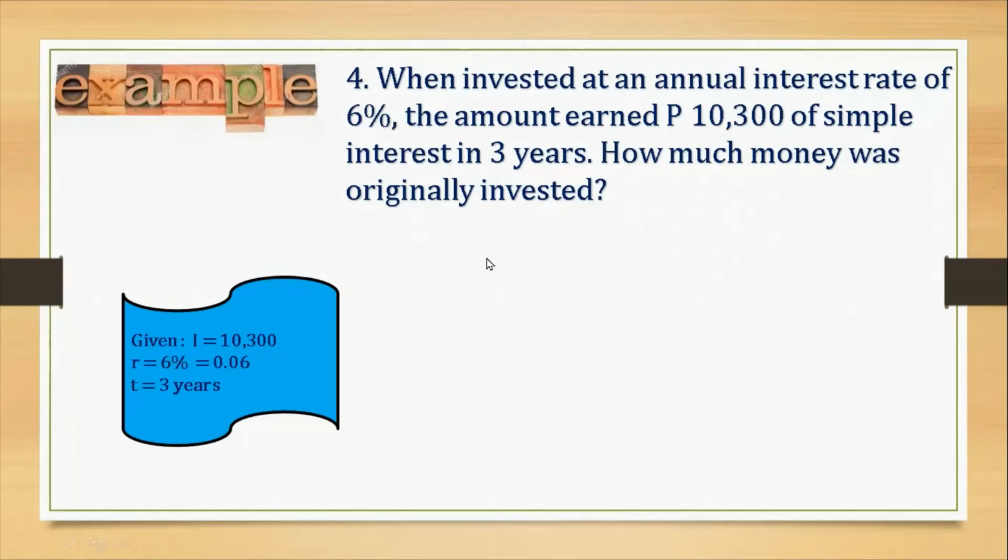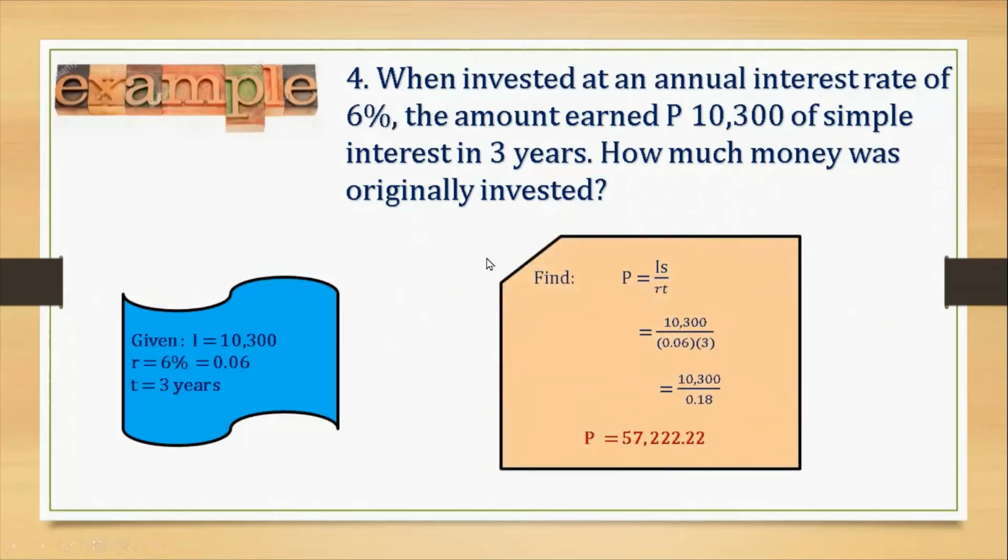Therefore, we initiate the formula, which is P is equal to I over RT. So we have interest 10,300 over 0.06 times 3. You operate first the denominator, 0.06 times 3, that's 0.18. Then 10,300 divided by 0.18, that's equal to 57,222 and 22 centavos.